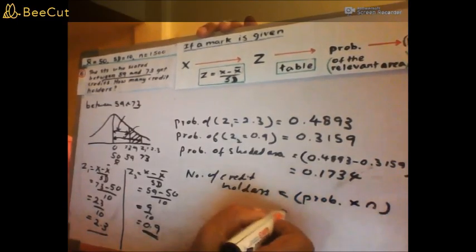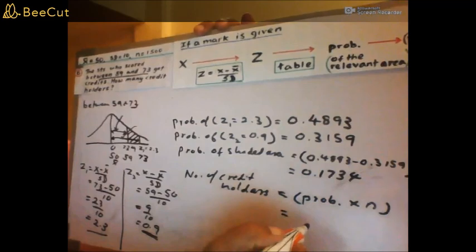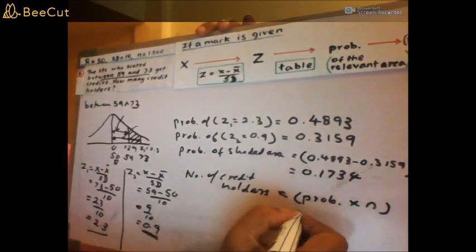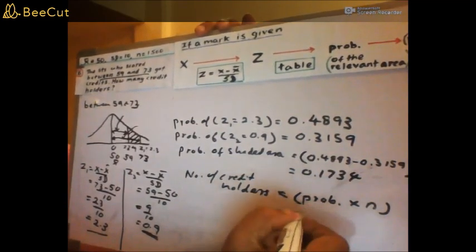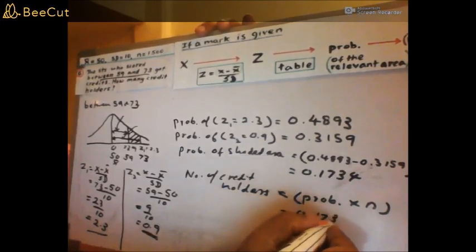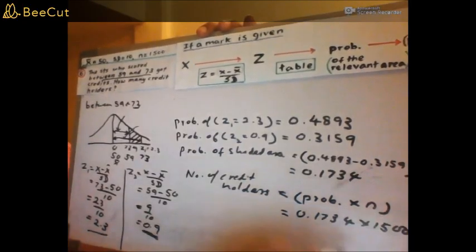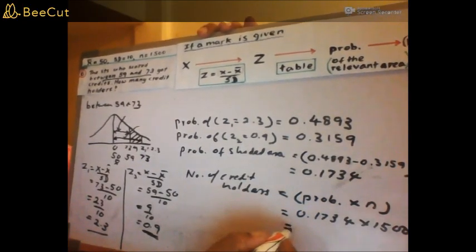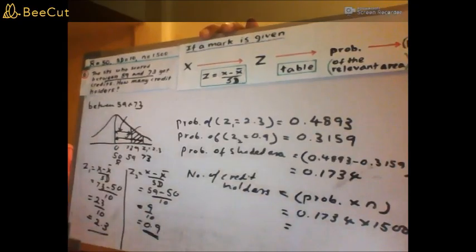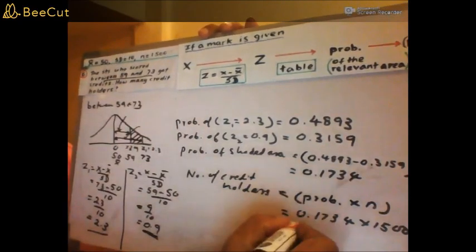I am saving your data, that's why I'm writing quickly. The probability is 0.1734 into 1500. The answer is 260.1.